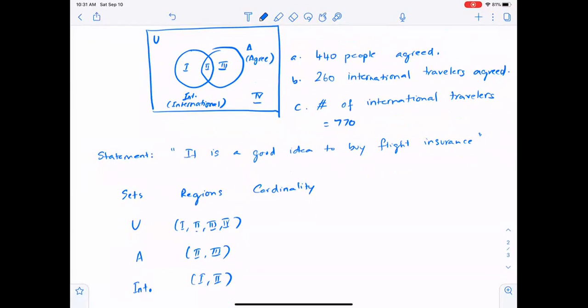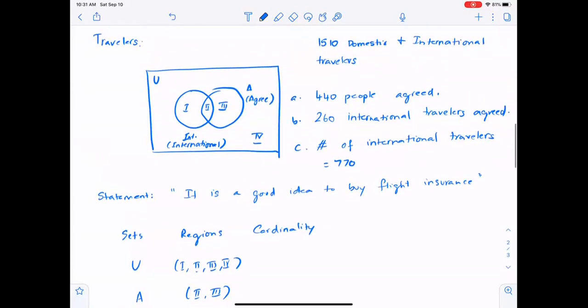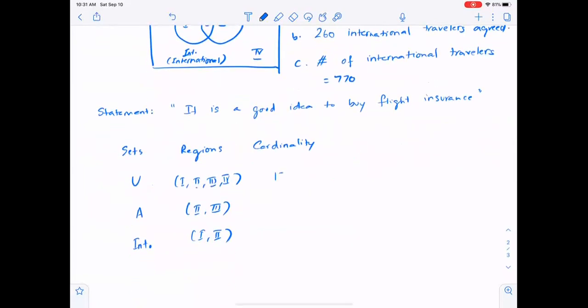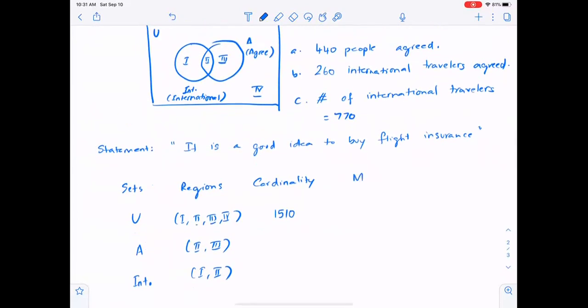U would correspond to the set of all travelers. We have in total 1510. So I'll write the meaning on this side.